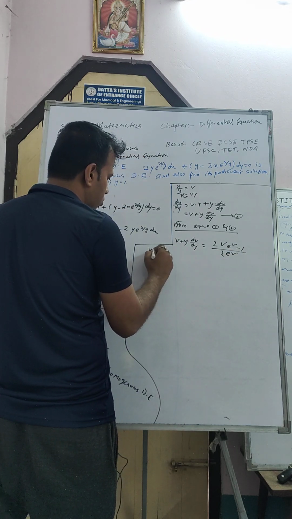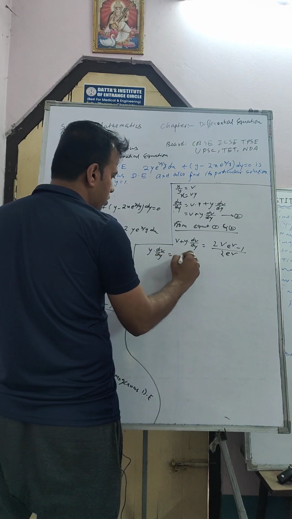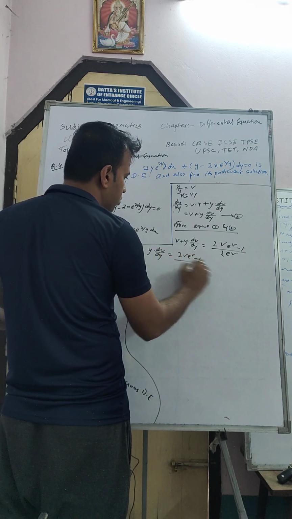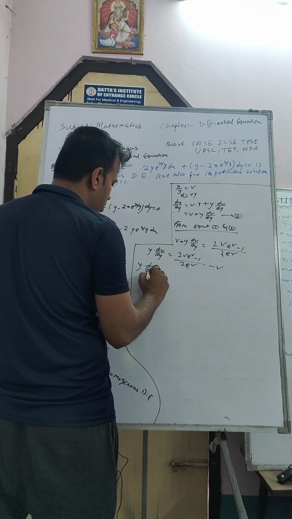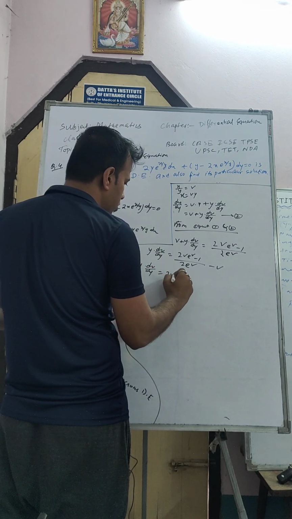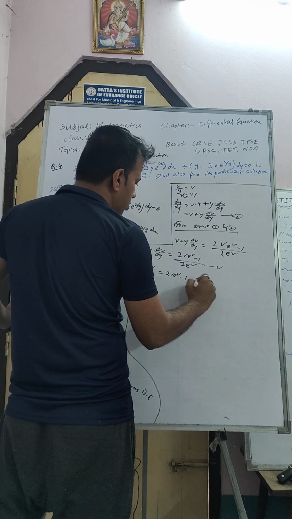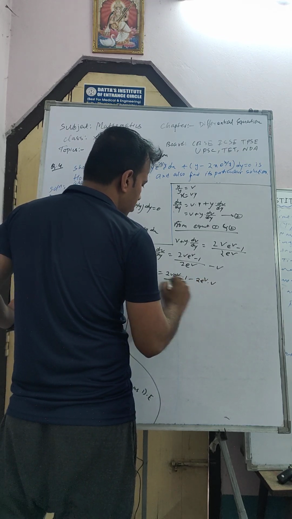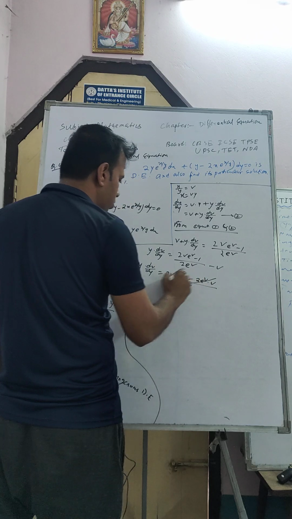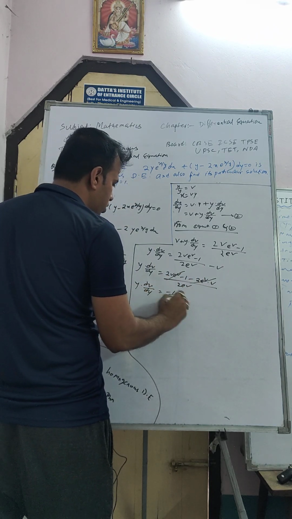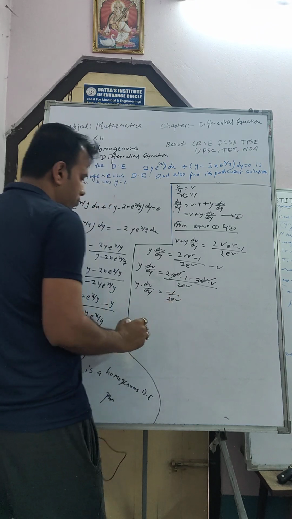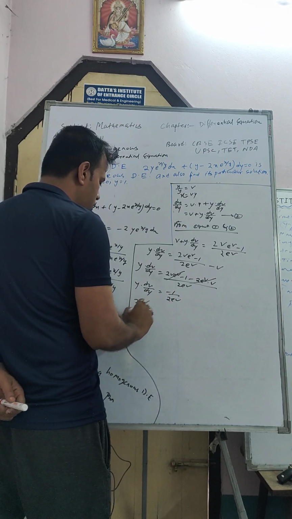So y into dv by dy is equal to 2v e to the power v minus 1 by 2 e to the power v minus v. So y into dv by dy equal to 2v e to the power v minus 1 minus 2v e to the power v by 2 e to the power v. This one will cancel out. So y into dv by dy equal to minus 1 by 2 e to the power v.